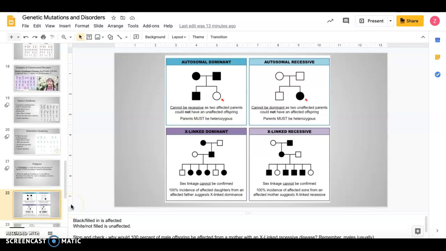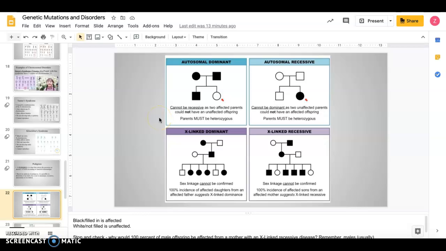Here's an example of 4 different pedigrees. We have an autosomal dominant condition, so it is linked to an autosomal chromosome. The black represents affected individuals, so the mother and father are affected, the mother is a circle, the father is a square, and the son is affected, but the daughter is not affected.